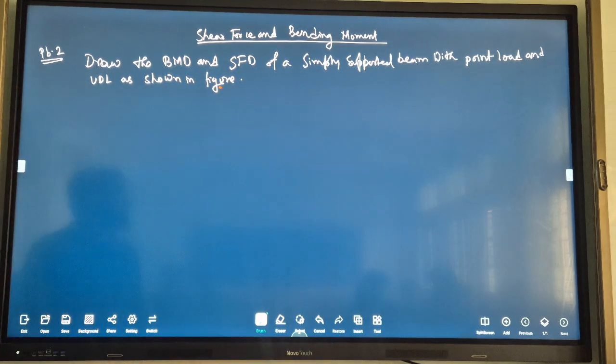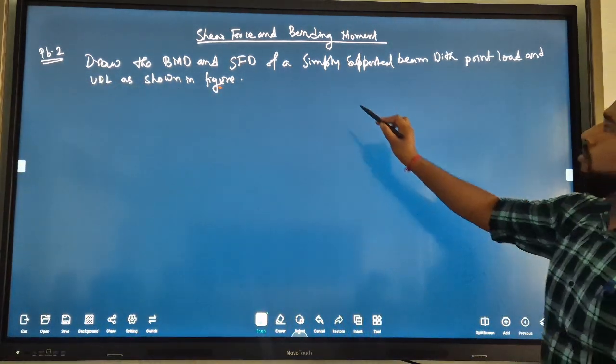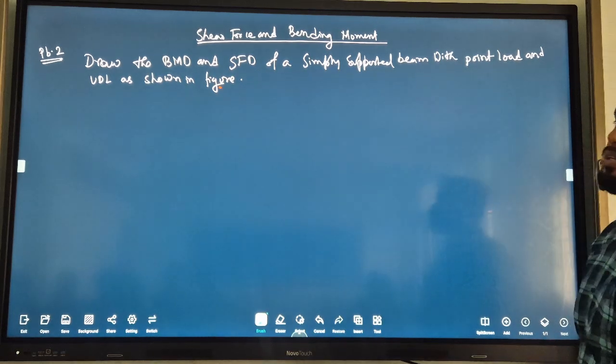The problem is: draw the bending moment and shear force diagram of a simply supported beam with point load and UDL as shown in figure.